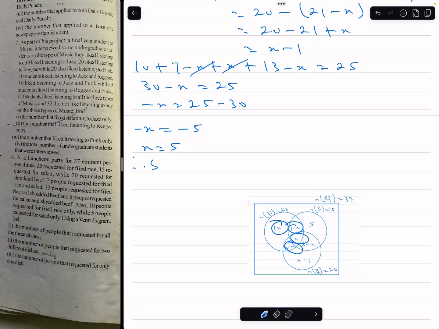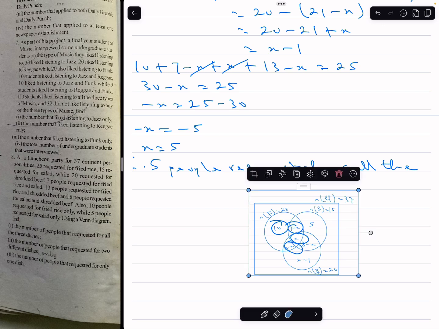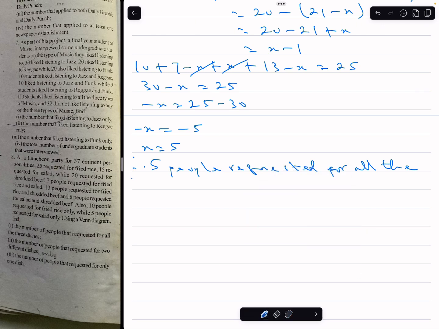Therefore 5 people requested for all the 3 dishes. I can remove that now.